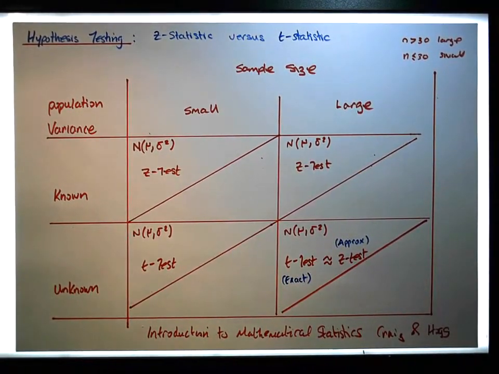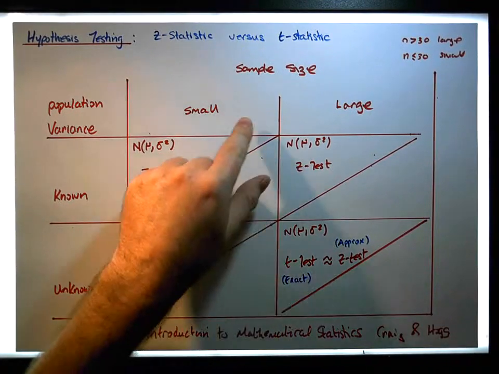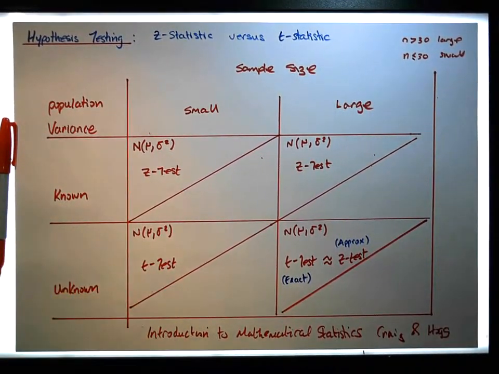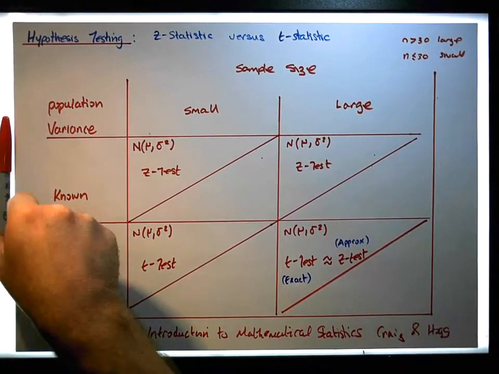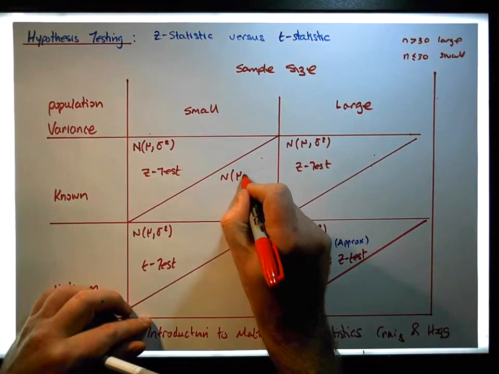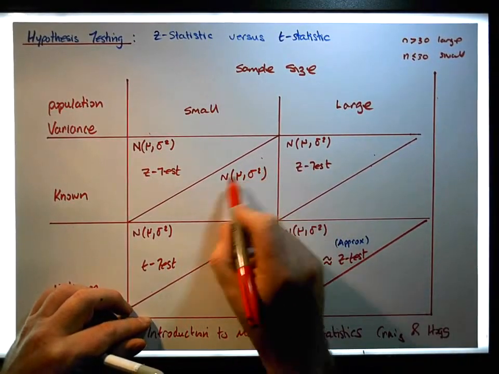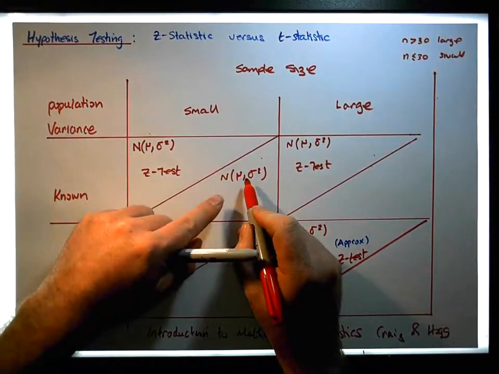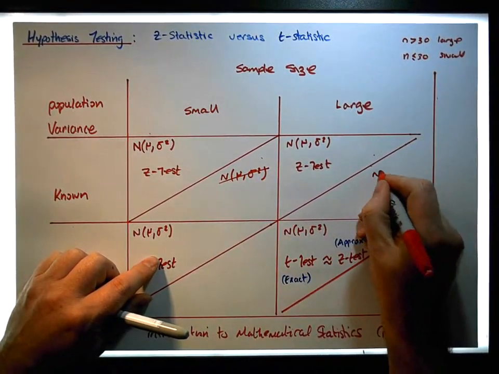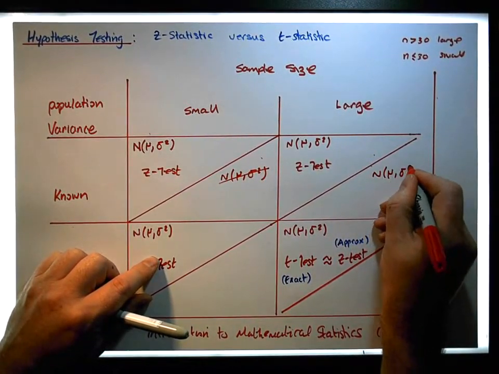Now, what happens in the situation where we can't guarantee that the populations have come from normal distributions? Let's say there's no evidence to suggest that the samples have been drawn from normal distributions. So what's the situation in these cases?